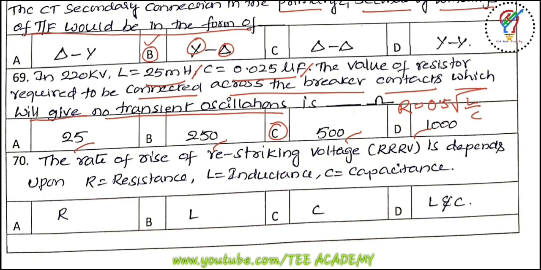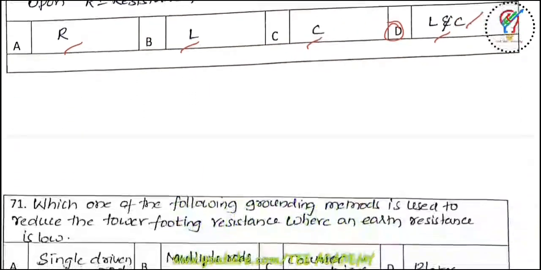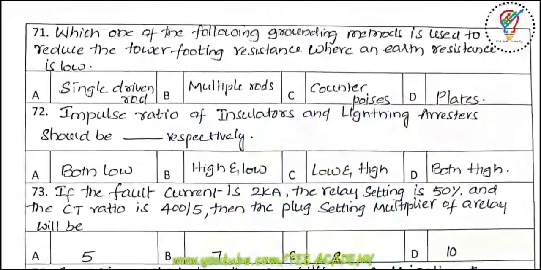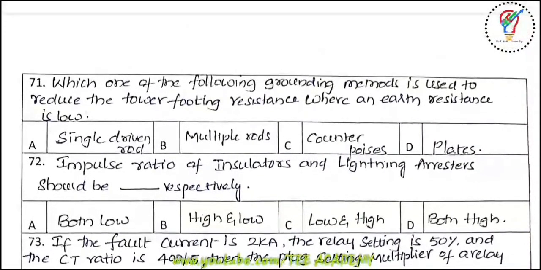Next one, the rate of rise of restriking voltage depends upon, so it depends upon R, L, C, and L and C. The right option is L and C. Next one, which of the following grounding methods is used to reduce the tower footing resistance when the earth resistance is low? It is the single driven rod.